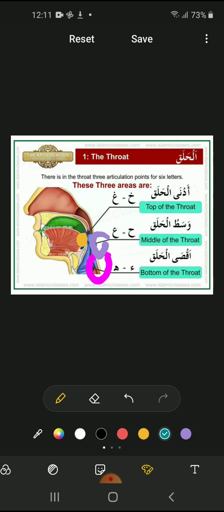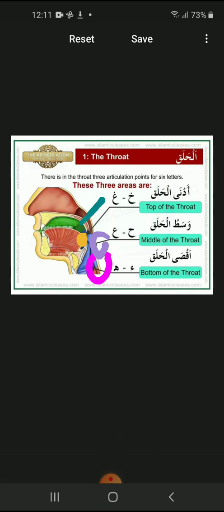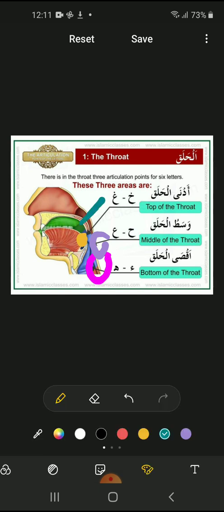If I want to clarify this, I'll say this is the uvula here. And we can find the letters Ghain and Ha in here, on this yellow part I did. So it is below the uvula, directly below it. So this is the place where we produce the Ghain and Ha.